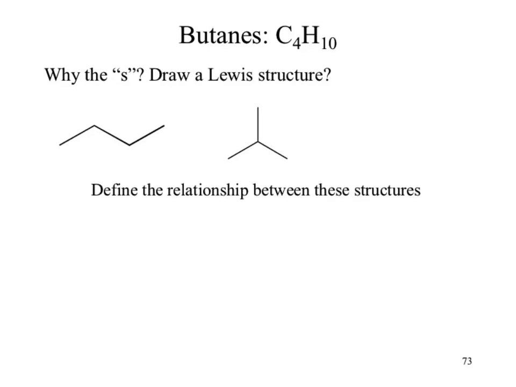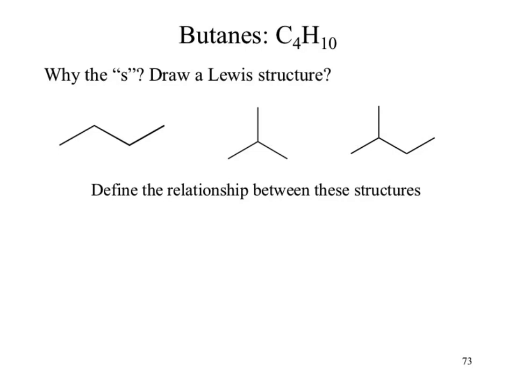Okay? What is the relationship now between those structures? Okay. Well, they're both 4 carbons. They both have 10 hydrogens. Okay. Can I call them the same thing? No. Could I call them different? Yes. Well, they sure look different.